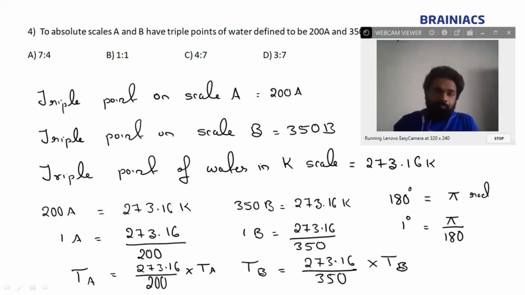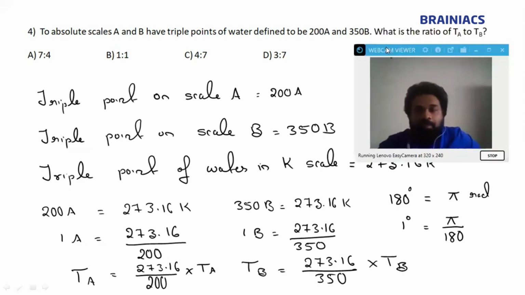Clear? Now what shall we do? What we need to find is the ratio of TA and TB, so we will take the ratio of this.